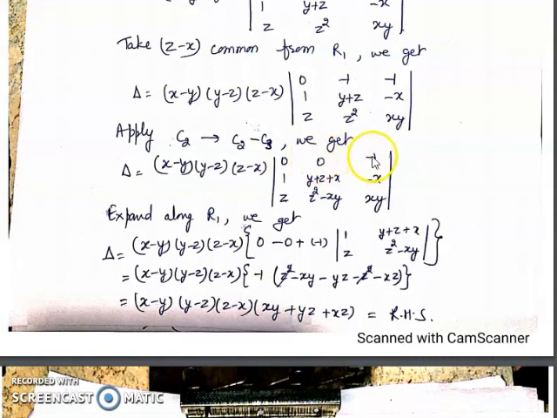Deleting the first row, third column elements, we get the determinant 1, y plus z plus x, z square minus xy. Open this determinant. Z square is cancelled out. Taking minus common from this bracket we get the right hand side. So this completes our question.